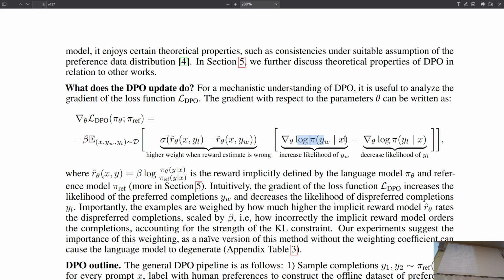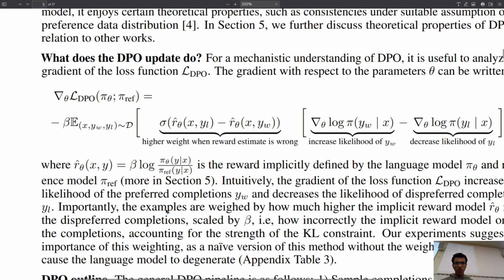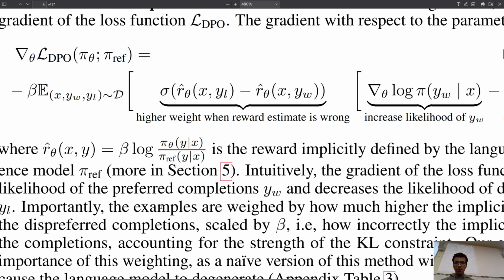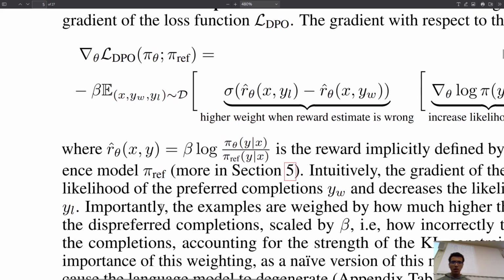So it's a secret reward model. Yeah, implicit, exactly, implied. Can we see this in that equation? That's right. R hat is a log of pi theta divided by pi ref. Does that mean this is our reward?